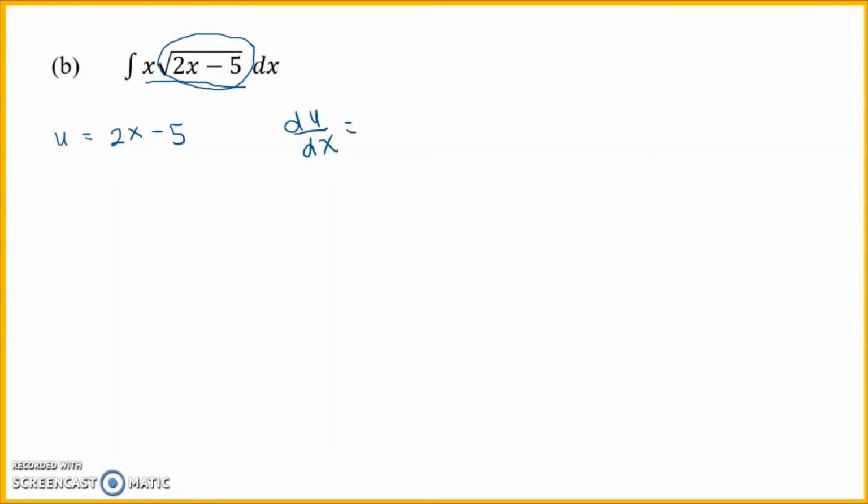Differentiating 2x minus 5 gives us 2, and dx is equal to du over 2. Okay, I swap these two parts. So now I can rewrite this as x, 2x minus 5, that is u, square root, so that is power of half, and then dx is du over 2.